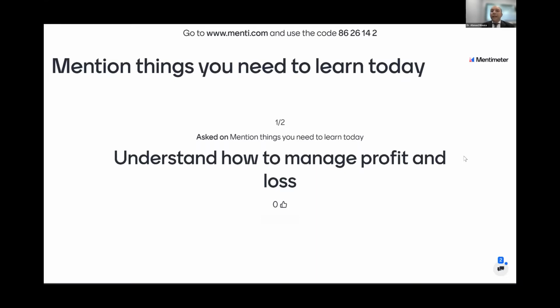Okay, the first one: understand how to manage profit and loss. We will talk today about this. I know that this is a very good question. In order to manage the profit and loss, you need to know and understand the different items in the financial information: what items are included in revenues, what items are included in expenses, for example.